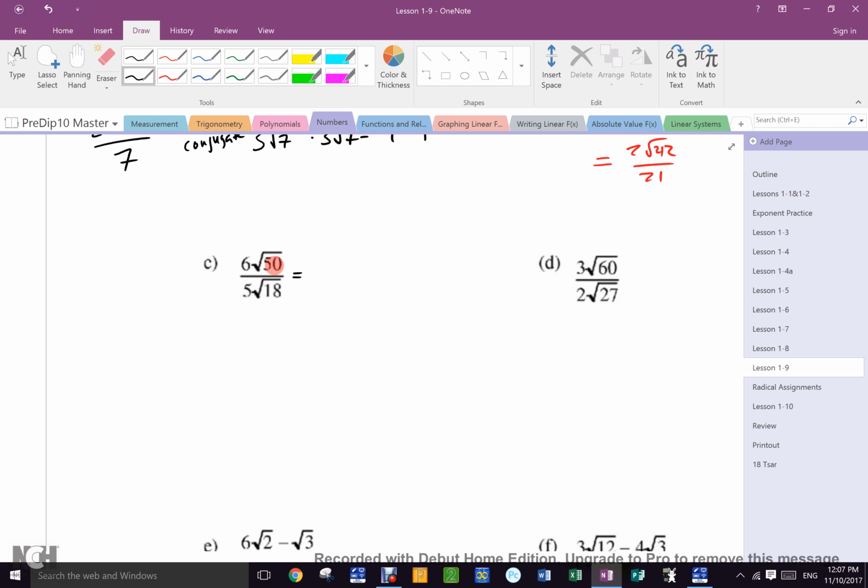And I can make this 15 root 2, can't I? Okay. What's 30 divided by 15? 2. Root 2 over root 2? No. 1. 2 times 1 is 2. Which way was easier?